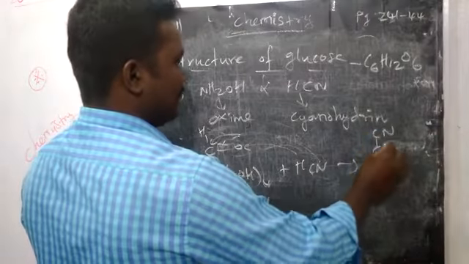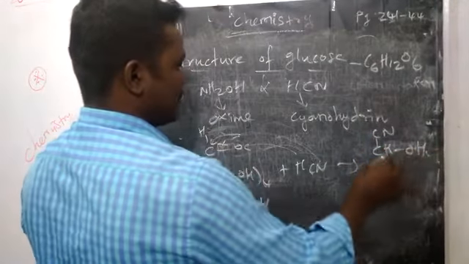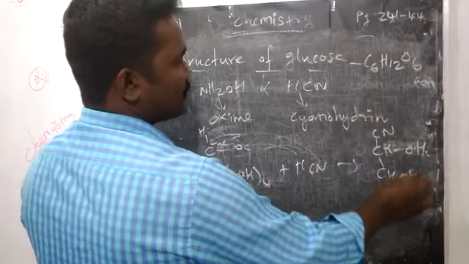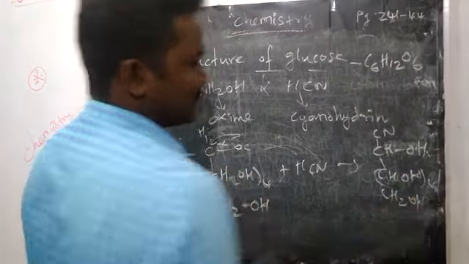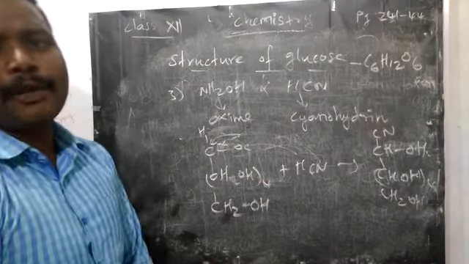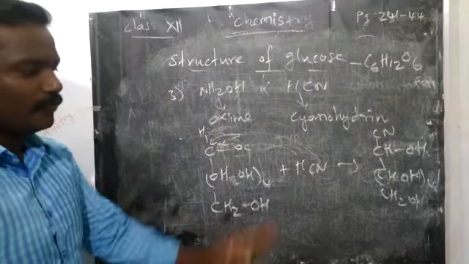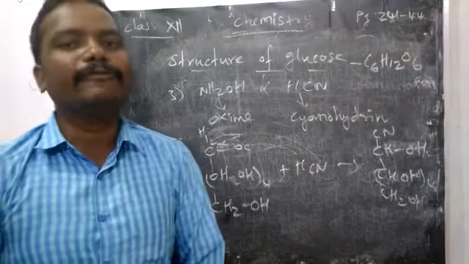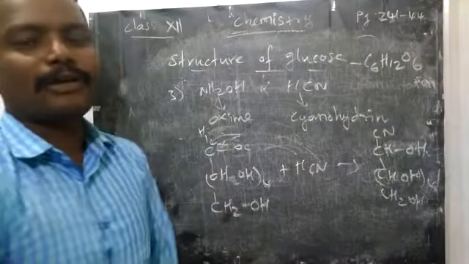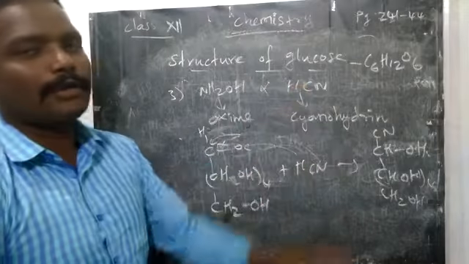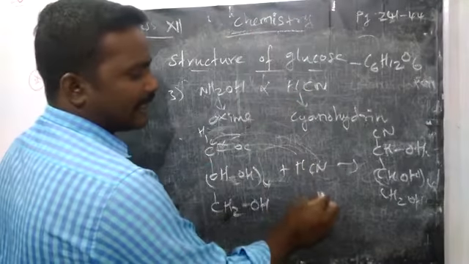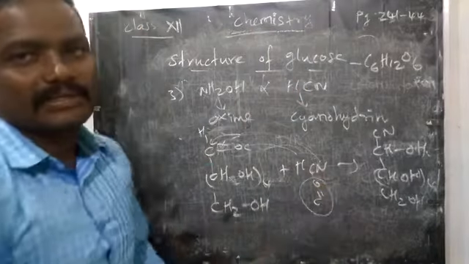We can write CN, CH, then OH, here as usual CHOH four times, CH2OH. This is called glucose cyanohydrin compound. So from these two reactions we can confirm the glucose compound has a carbonyl carbon, that is nothing but the C double bond O group is present.